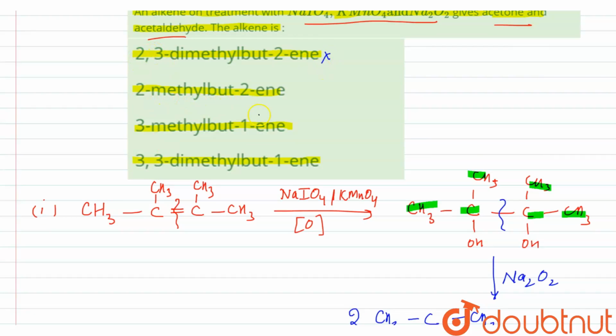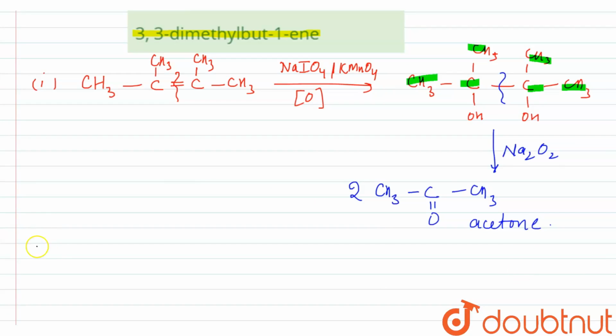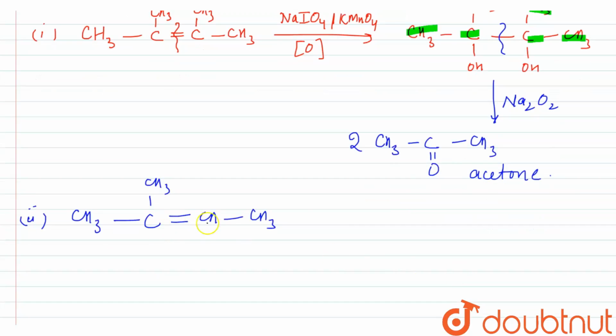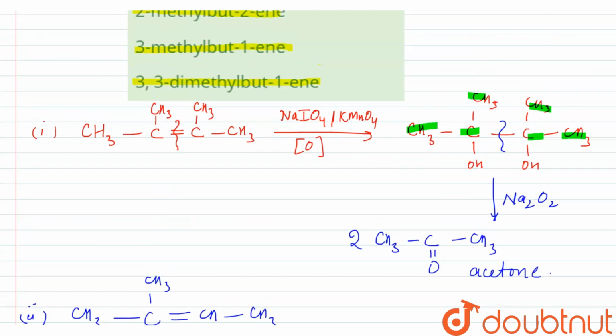Second, if we take 2-methyl-butene, the structure is CH3, CH3, double bond CH and CH3. So it is only 1 methyl at the second carbon.